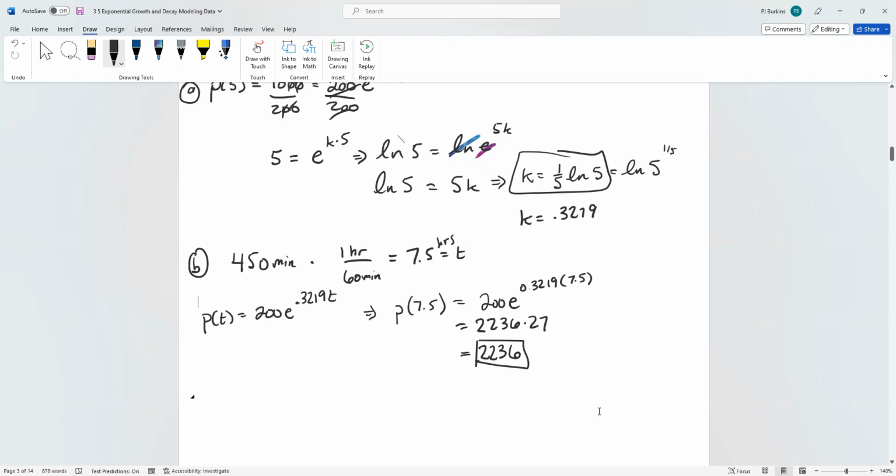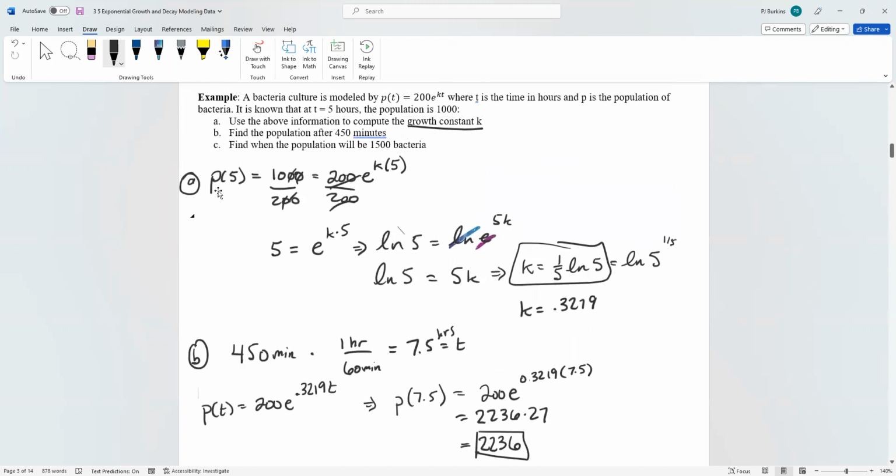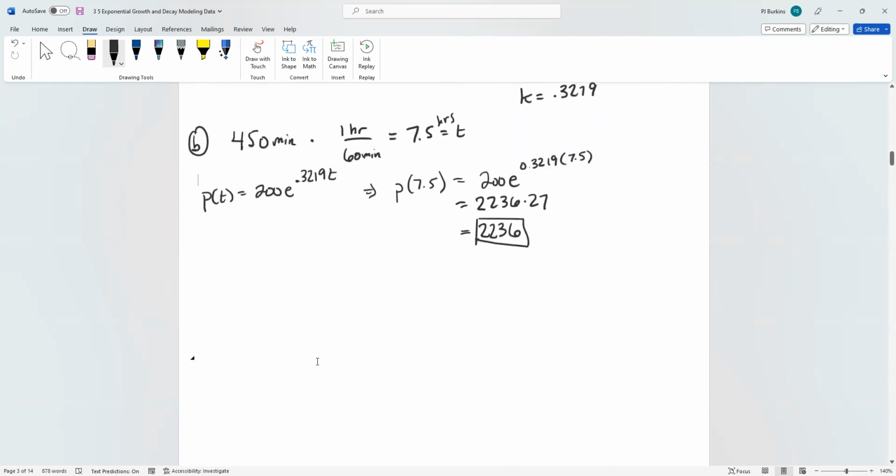All right. The last part says find when the population will be at 1,500. So that is asking us, when does P of t equal 1,500? So that's a little bit different, right? This time we're taking this equation and we're setting it equal to 1,500 and solving for t.